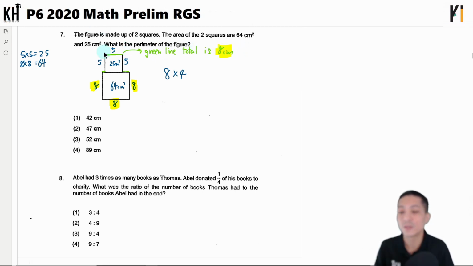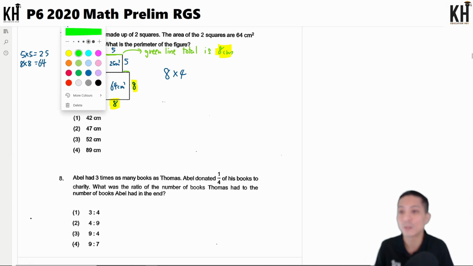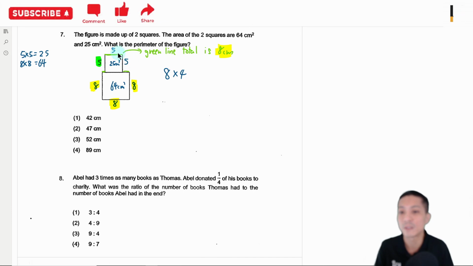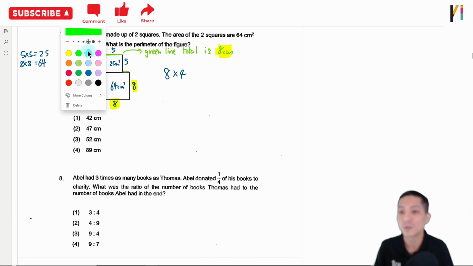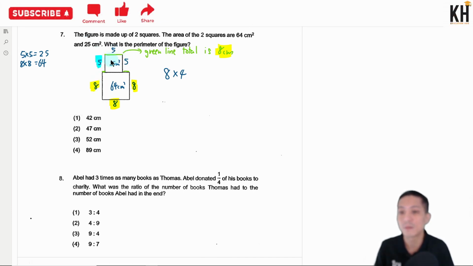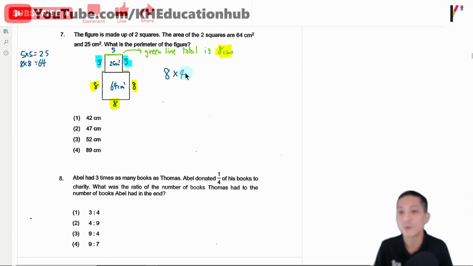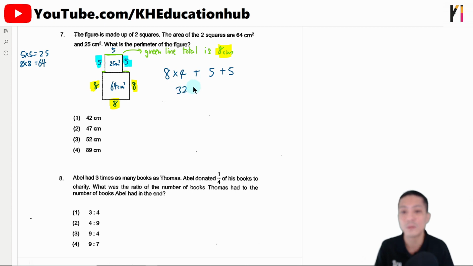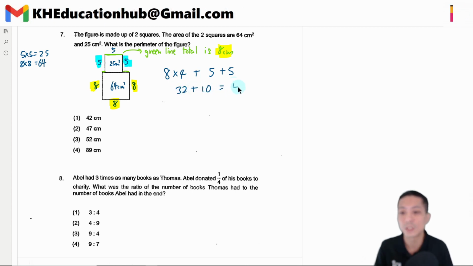And then after that you'll be short of this 5 over here and this 5 over here. Let me use the blue color. So you just need to add plus 5 plus 5, which will be 8 times 4, 32, plus 10, which is 42 centimeter.